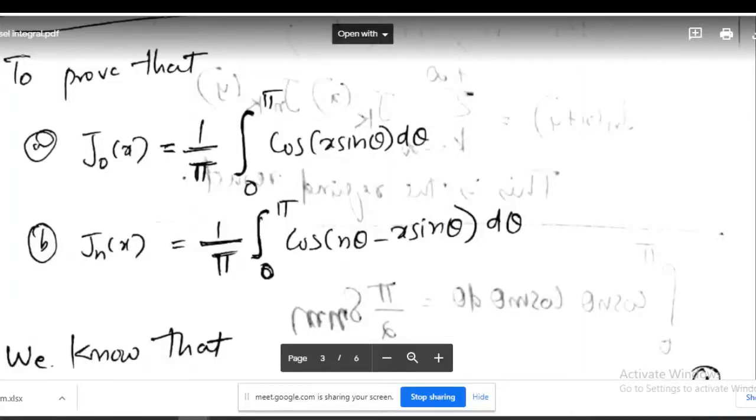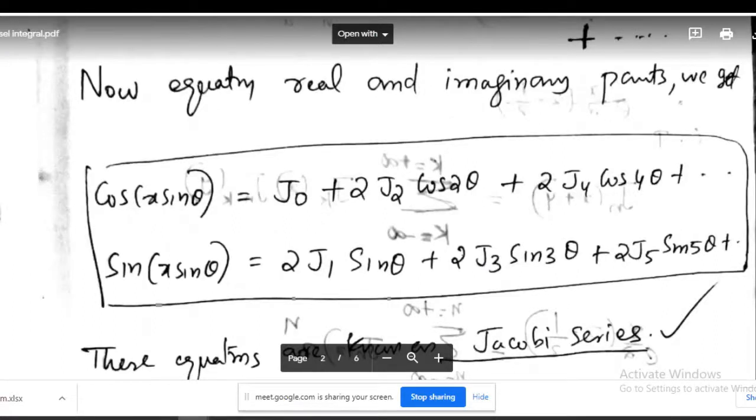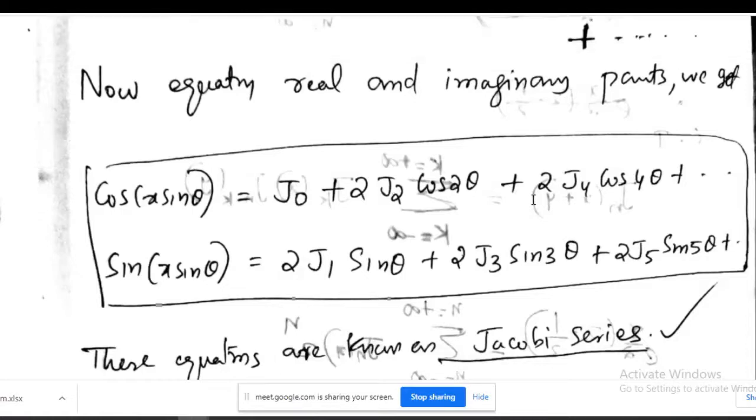So yesterday we had seen this Jacobi series. We see cos(x sin theta) equals J0 plus 2J2 cos 2 theta plus 2J4 cos 4 theta, a series.